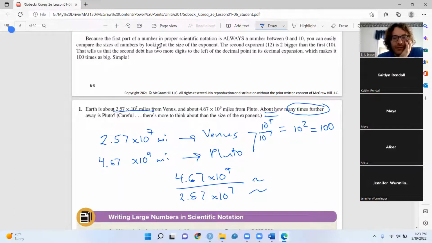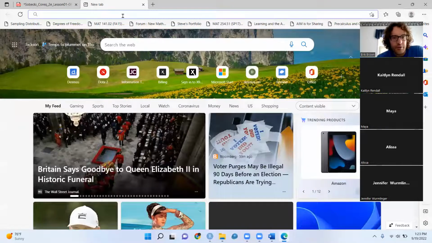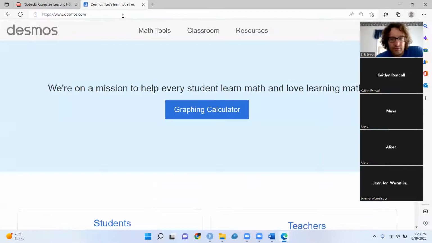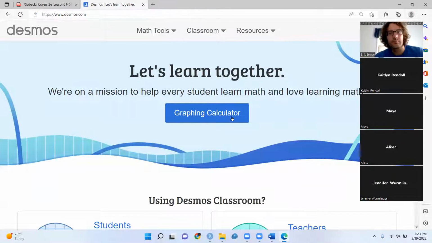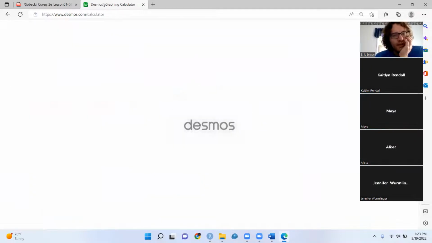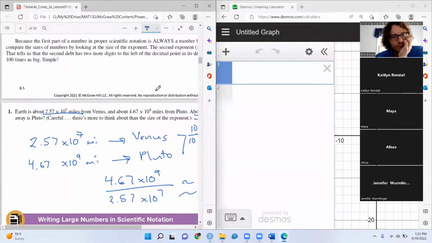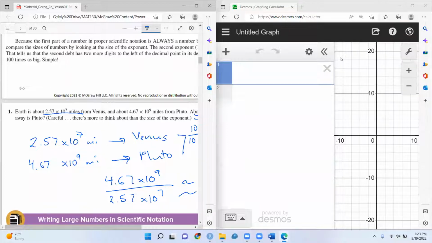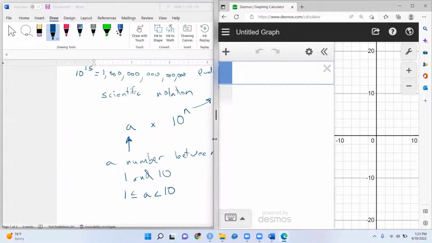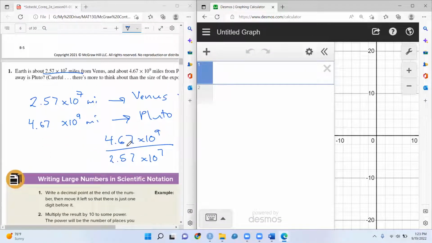So I want to show you how to do this in Desmos. Everyone travel yourselves over to Desmos, and let me show you how to type these numbers in there. It turns out that when you're working with a calculator, scientific notation you just type as you see it.